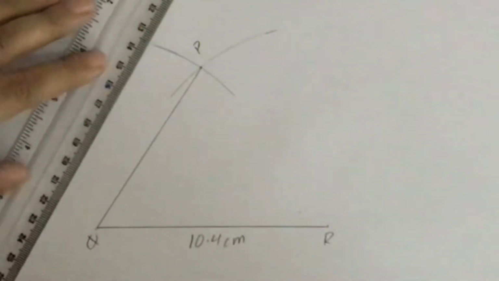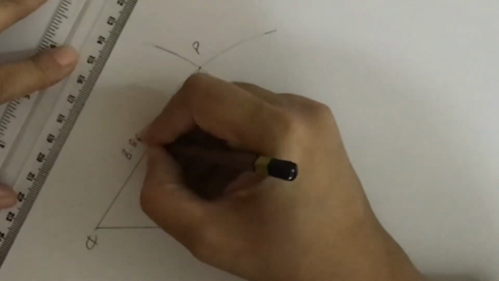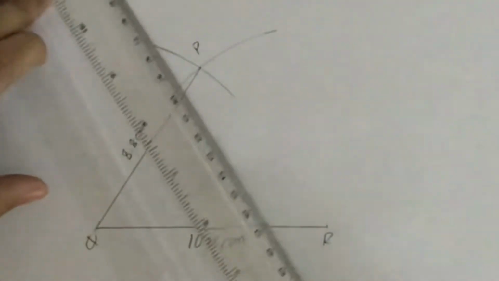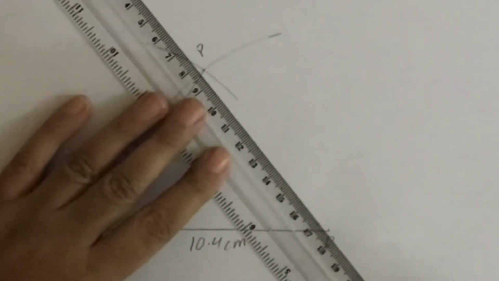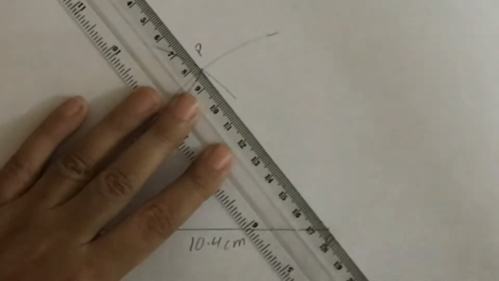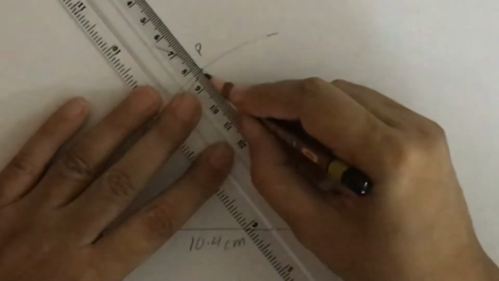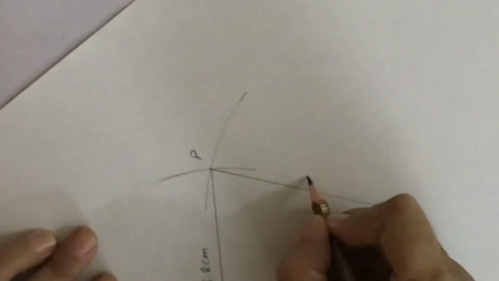This is PQ and it is 8.8 centimeter, and this is PR. PR is 9.2 centimeters.